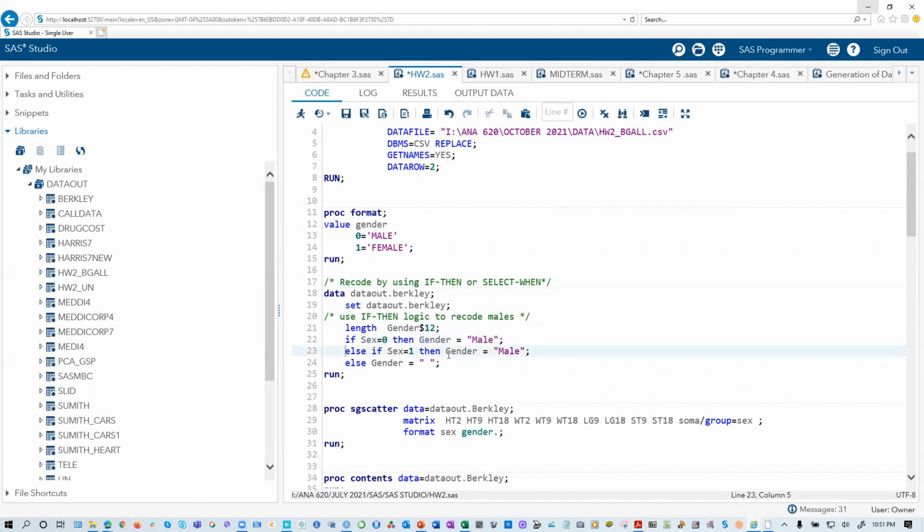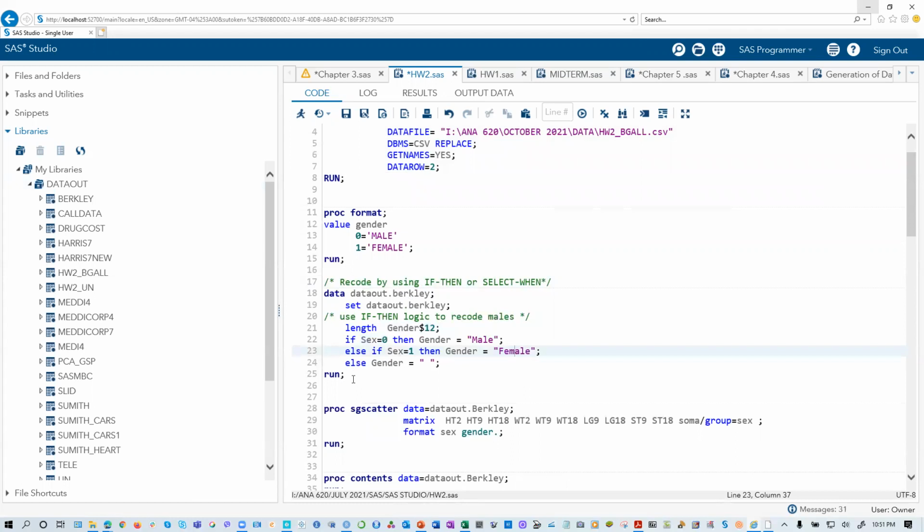Else if sex is 1, then we call it female. Else gender, keep like this.